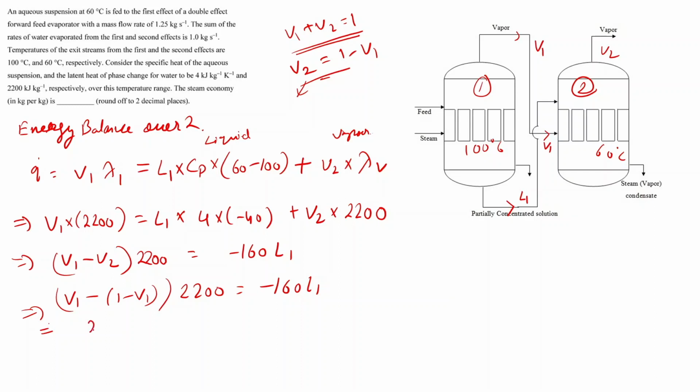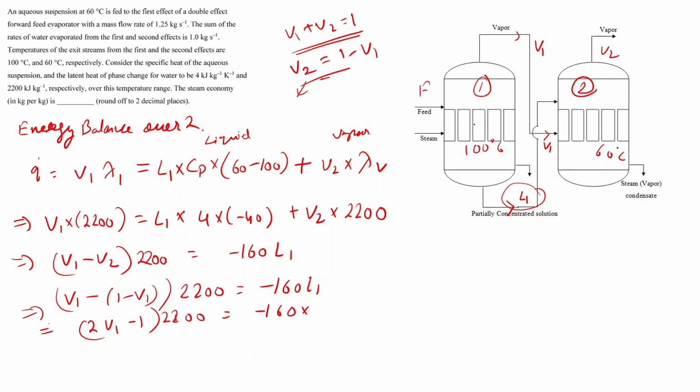So this will become 2V1 minus 1, times 2200, is equal to minus 160 into L1. Now L1 we don't know as of now, but we have the value of feed.